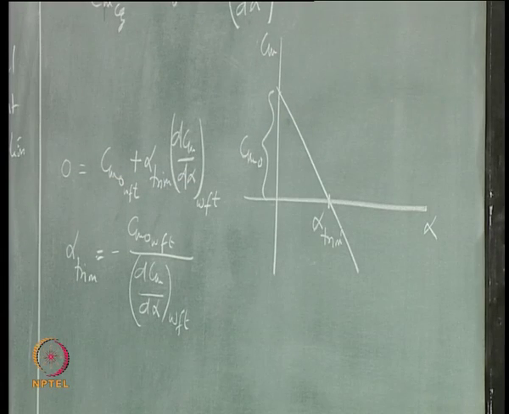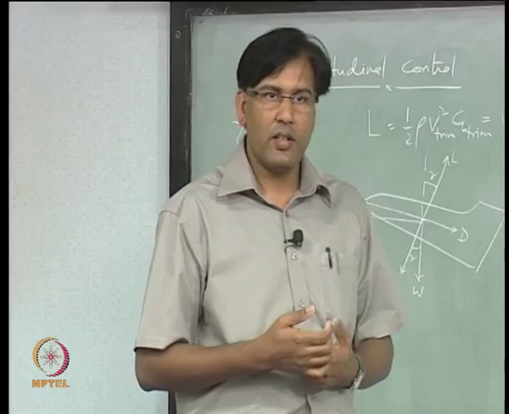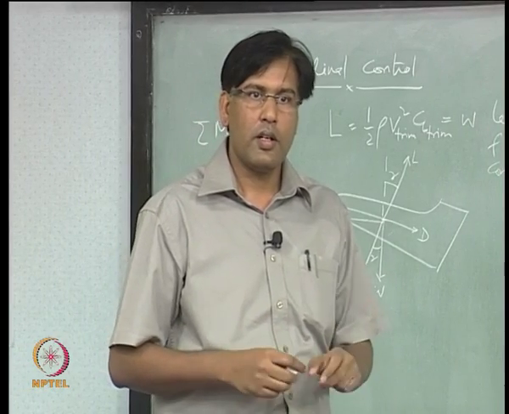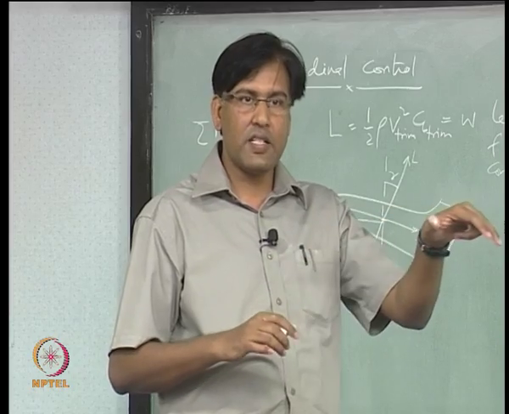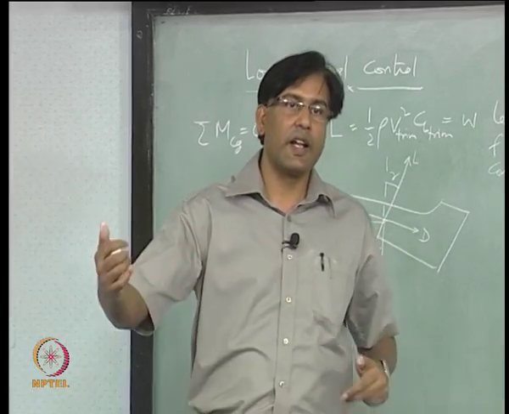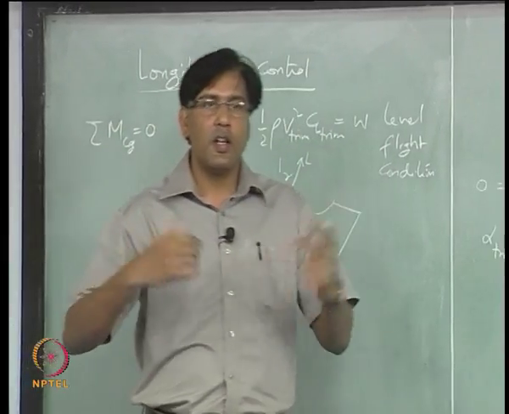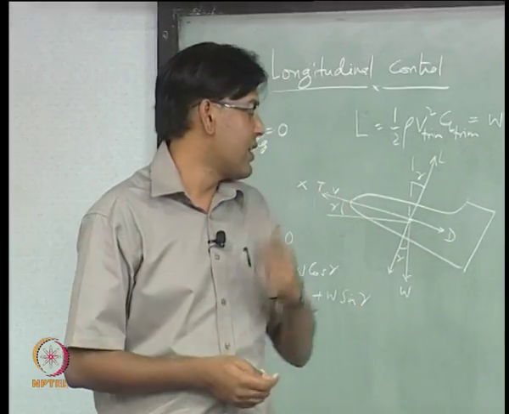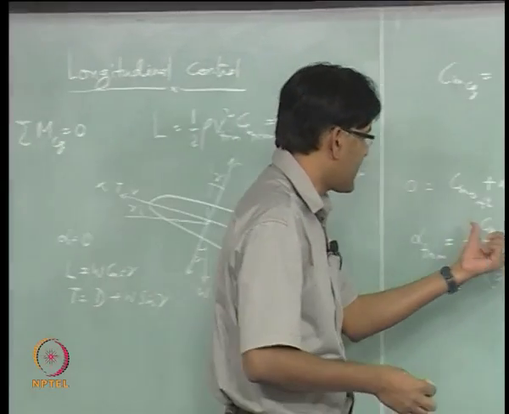So you are only going to shift this curve parallel to this original one, right. So how you can do that in flight? So there will be leading edge flaps on the wing and the trailing edge flap also, which you can adjust. So you get a different camber and you can modify this.